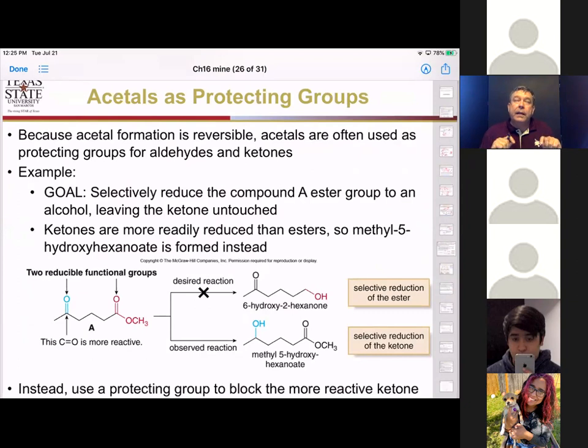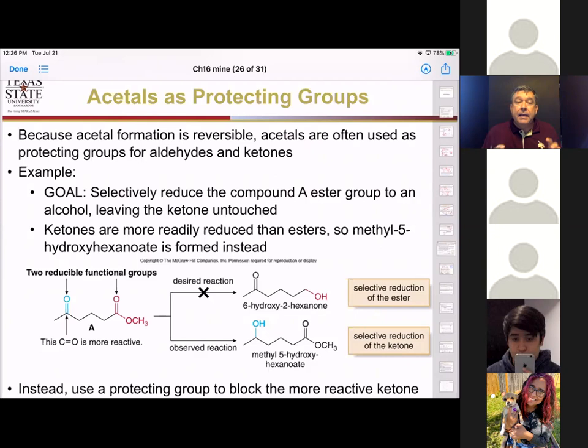So we were able to decrease the reactivity of that acidic proton and then regenerate it at the end of the reaction. In the case of acetals, what we want to do is decrease the reactivity of a carbonyl compound, specifically so we can do some kind of nucleophilic attack or reduction on a different species.